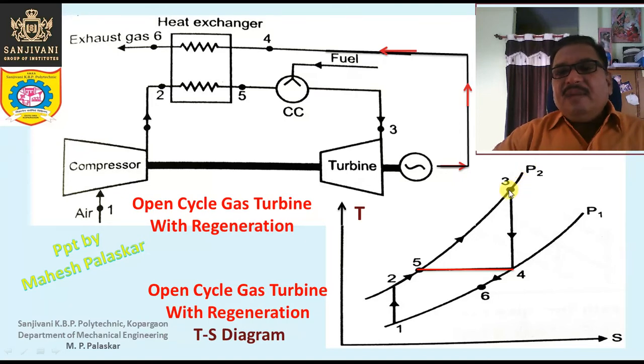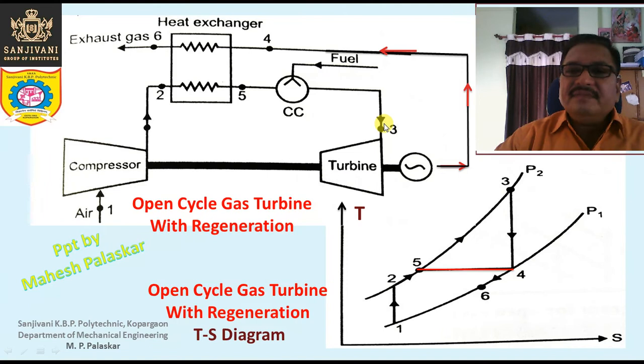Now at point 3, this high temperature, high pressure air will enter the turbine. Before that, of course, it is entering through the nozzle, and in the nozzle the pressure energy is converted into kinetic energy, and the high speed jet will hit the turbine blades.